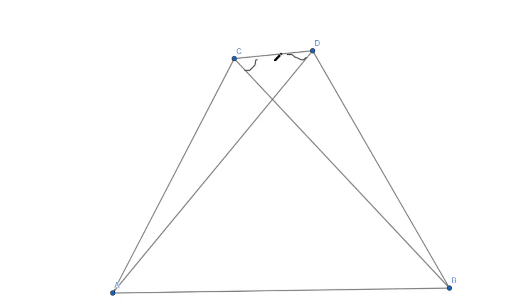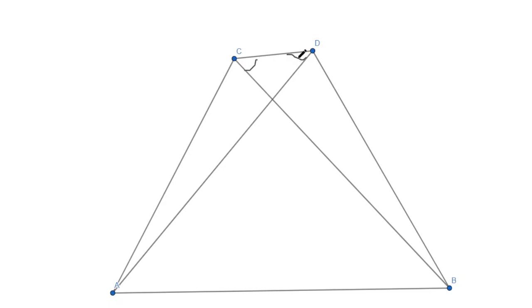Because we already said that this angle right here is actually equal to this whole big thing, and since this is only a piece of this whole big thing, then this angle right here must be bigger than this angle right here. And then he says, therefore the angle CDB is much greater than the angle DCB. So the angle CDB, which would be this whole angle right here, is much greater than the angle DCB, which is this angle right here.